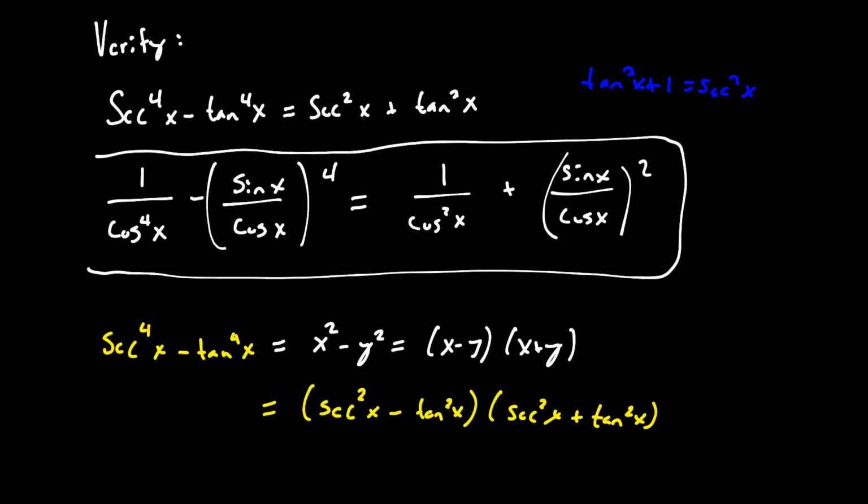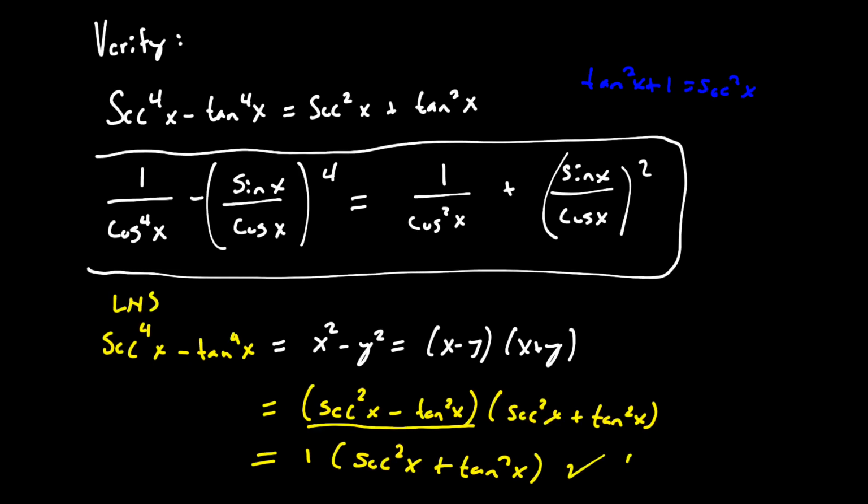That means secant squared x minus tan squared x is equal to 1. So we can replace this term with just 1, and we get 1 times secant squared x plus tan squared x. And we're done, because we've shown the left-hand side is equal to the right-hand side.